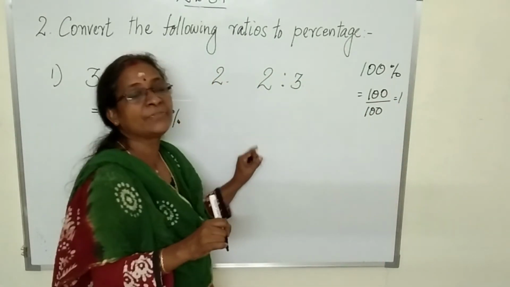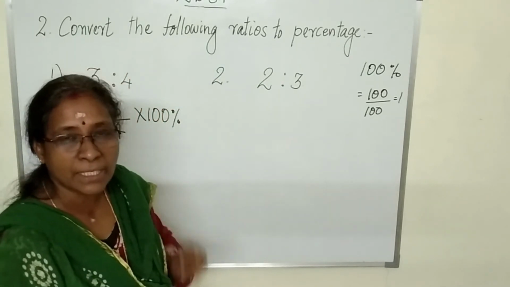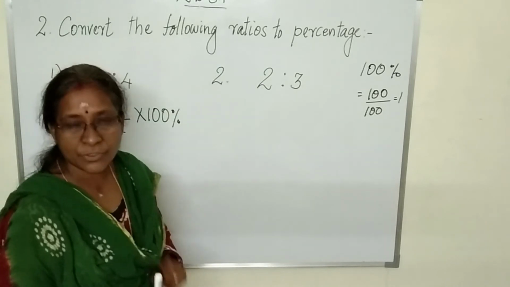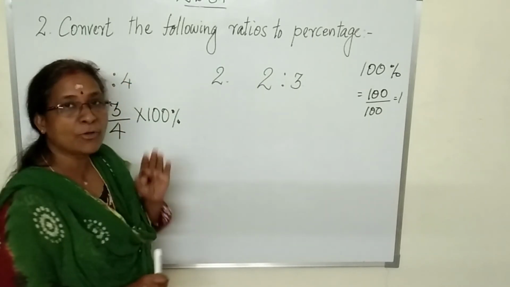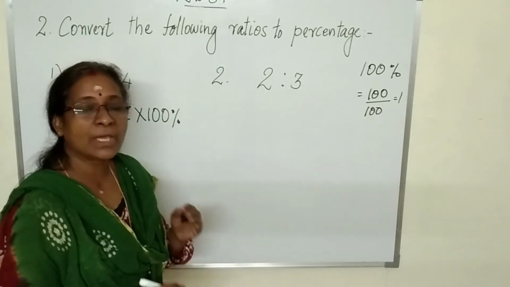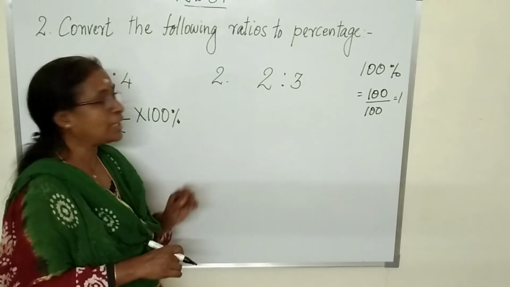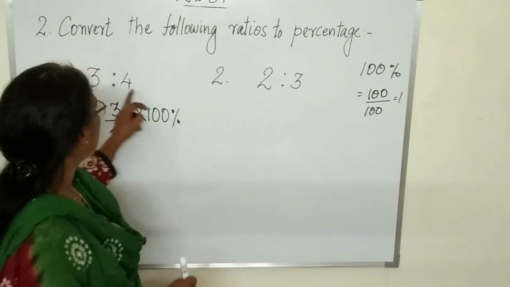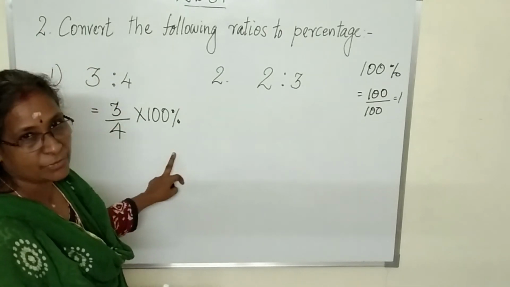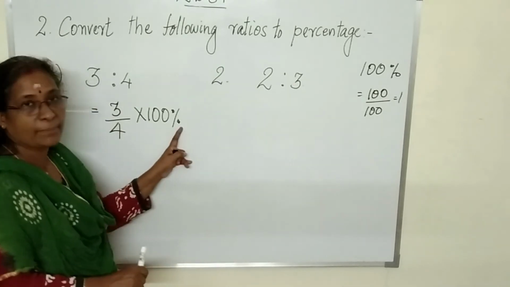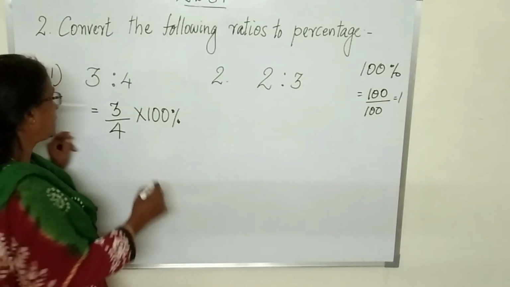And in lower class we have learned, if you multiply any number by 1, the value of the number will not change. So here also, without changing the value, we are just changing the form of the number. We have to change from ratio form to percentage form, but its value should not change. So for that we have to multiply by 100%.